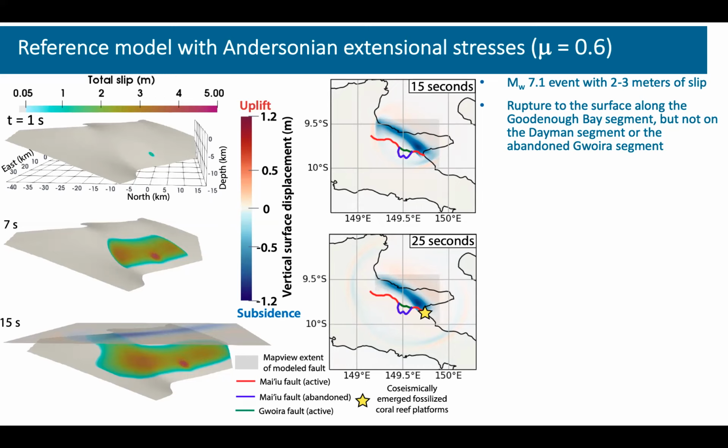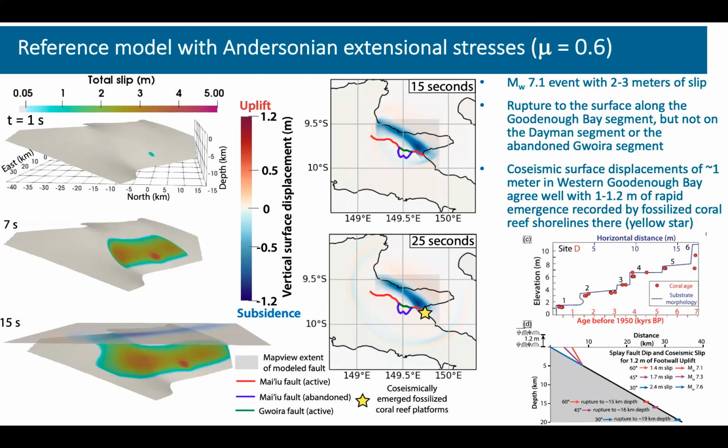That becomes apparent in the 25-second snapshot, where we have about 1.2 meters of hanging wall subsidence in this model, which lines up quite well with about 1.2 meters of coastal emergence recorded in the corals along the coast of Goodenough Bay. We've already looked at this figure, but we're seeing similar paleoseismically recorded emergence magnitudes to those in this model with just Andersonian extension applied to the fault.